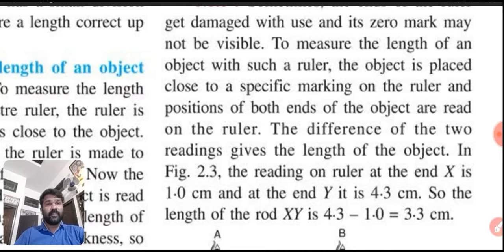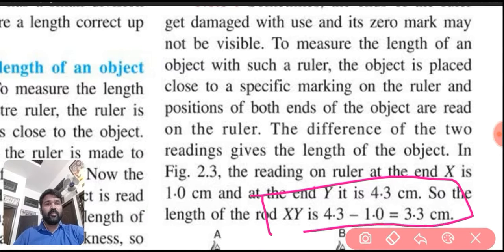The difference of the two readings gives the length of the object. The reading on the ruler at the end x is 1 centimeter, at the end y is 4.3 centimeter, then find out the length xy by subtracting: 4.3 minus 1.0 is equal to 3.3 centimeter.